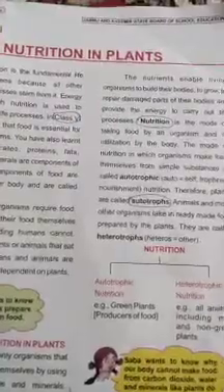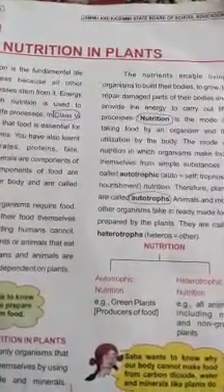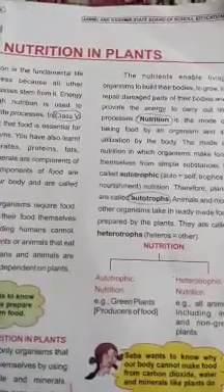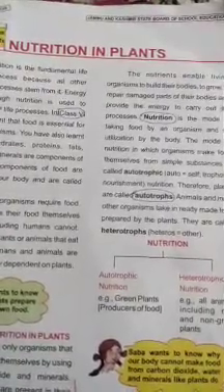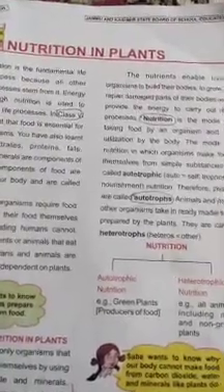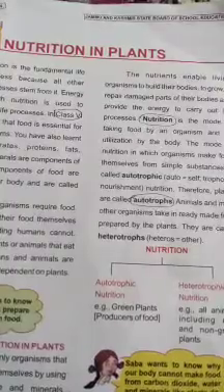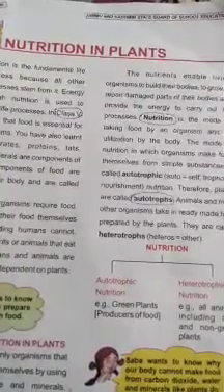Once again, I will repeat: autotrophs are those living organisms which manufacture their own food with the help of sunlight, chlorophyll, water, etc., and are also called primary producers of food.